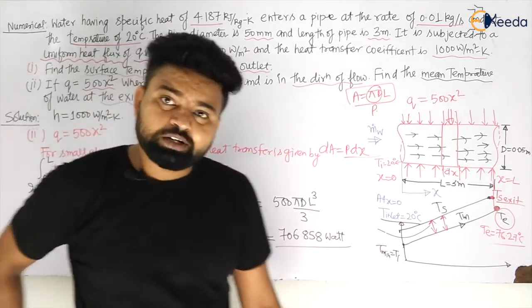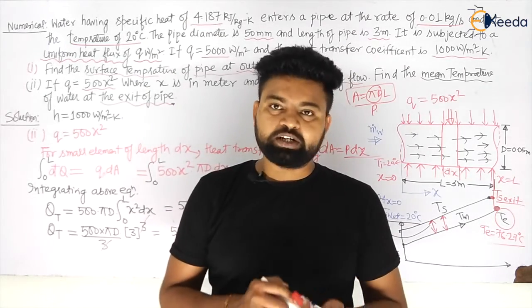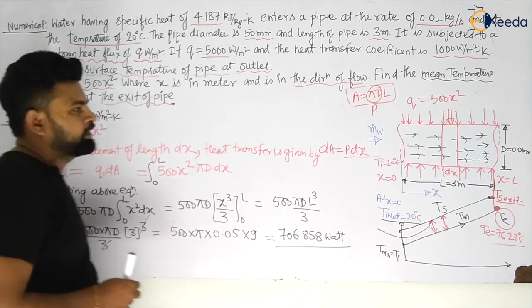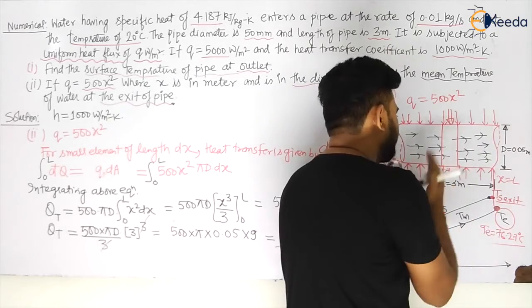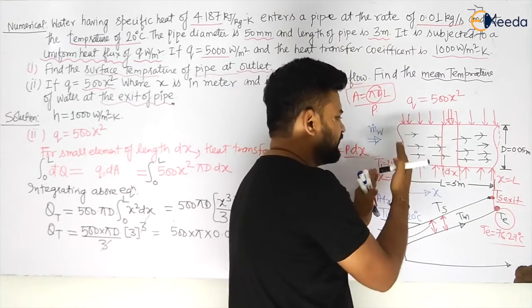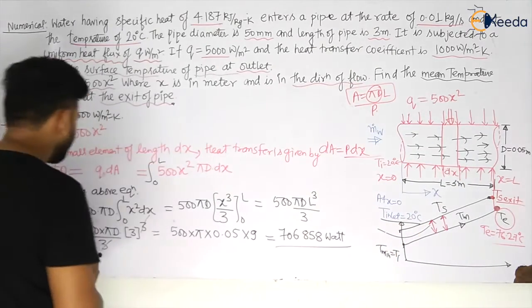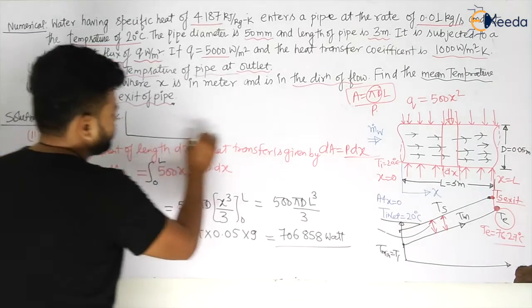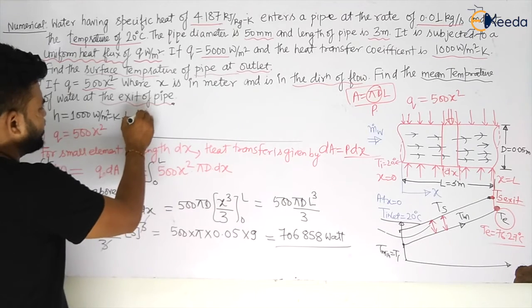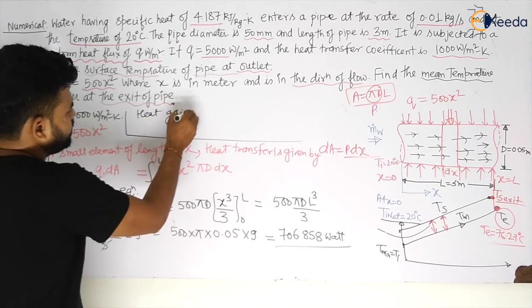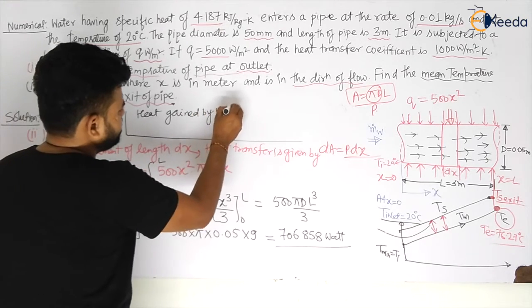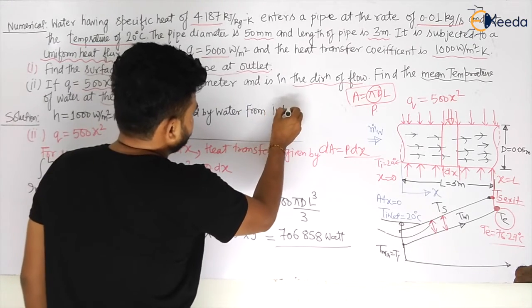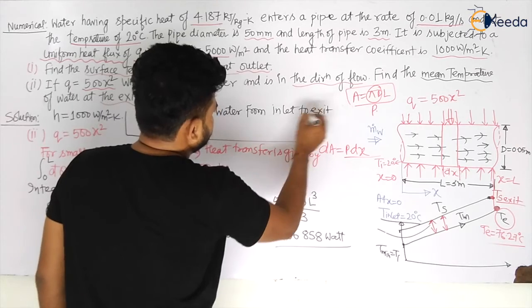Okay. Now we know the total heat. So can we calculate the exit temperature of water, the mean temperature of water? Yes. When we know the total heat from inlet to outlet, we can easily calculate it from the water, which will be m dot Cp (Te minus Ti). So the heat gained by the fluid, from inlet to exit, is equal to Q total.